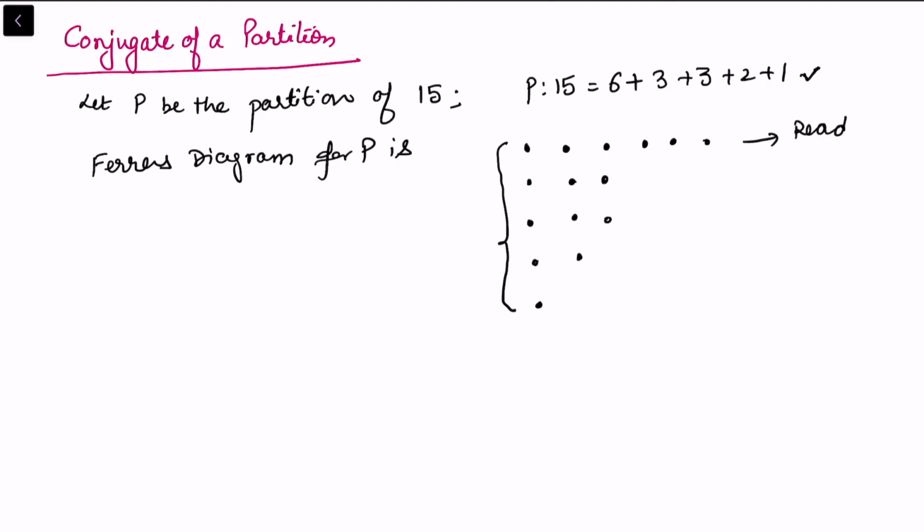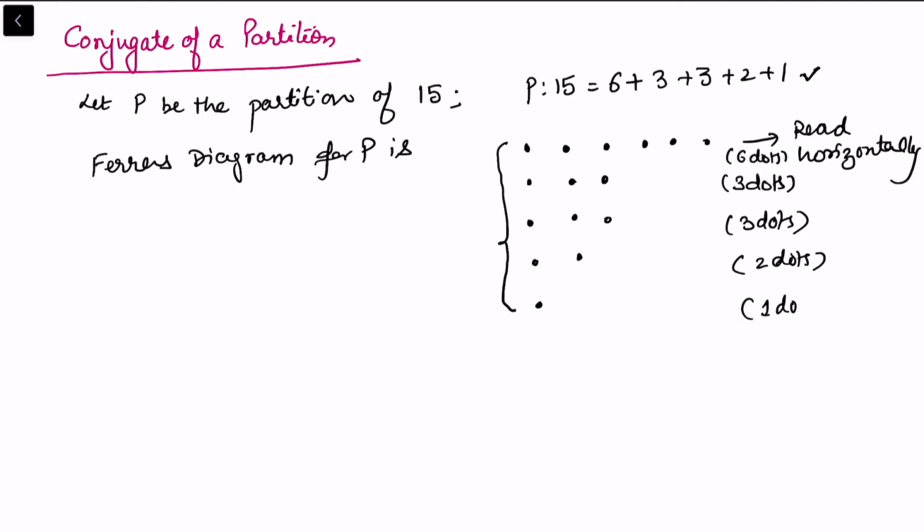If I read horizontally, the first row consists of 6 dots, then 3 dots, the third row consists of 3 dots, then 2 dots, and the last consists of 1 dot. These are the values of n1 plus n2 plus n3 plus n4 plus n5, written in non-increasing order, and this fits into the definition as I defined earlier.